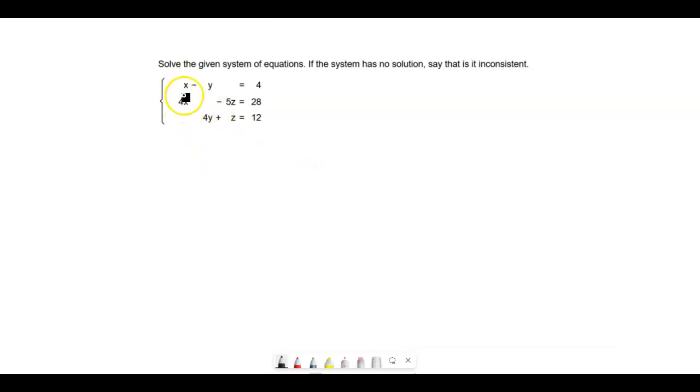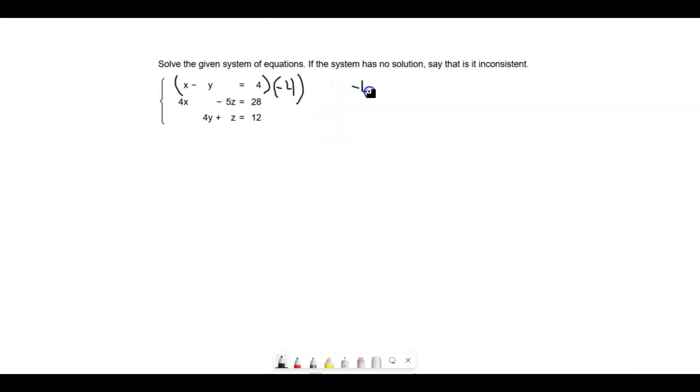So if I start with the first two equations, and let's say I want to get rid of the x, what I can do is multiply this equation here by a negative 4. And that will give me a negative 4x, which when I add it to this equation will cancel it out. So that's the first thing I'm going to do.